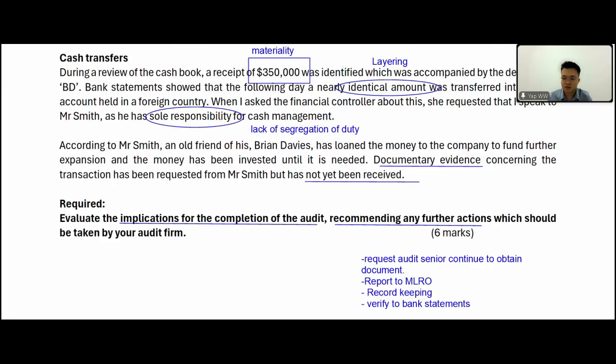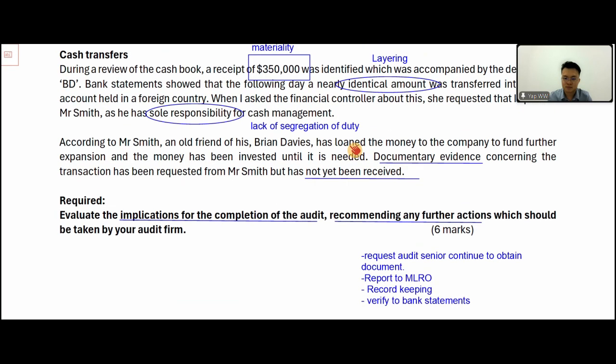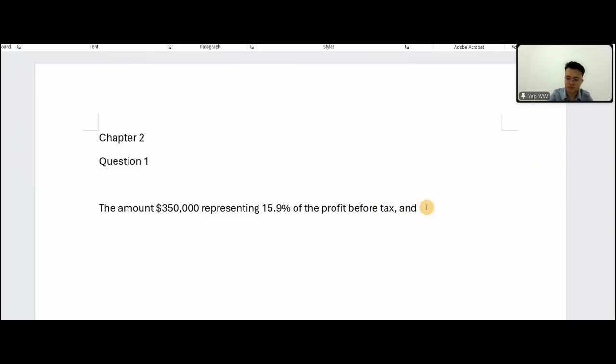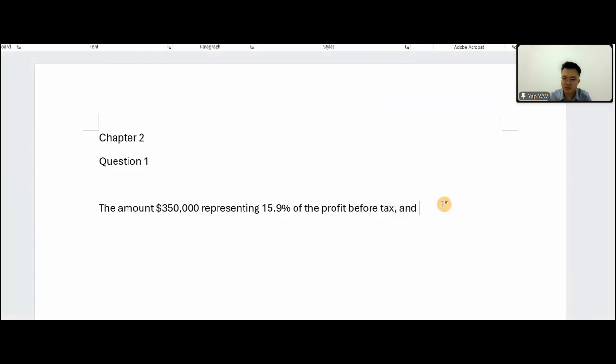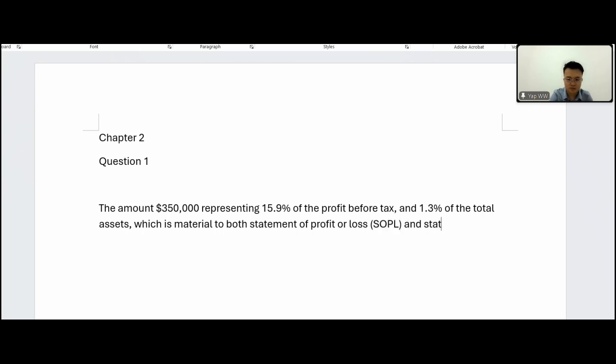And I need to divide by 27 million, which is 1.3% of the total assets, which is material to both the statement of profit or loss and the statement of financial position.